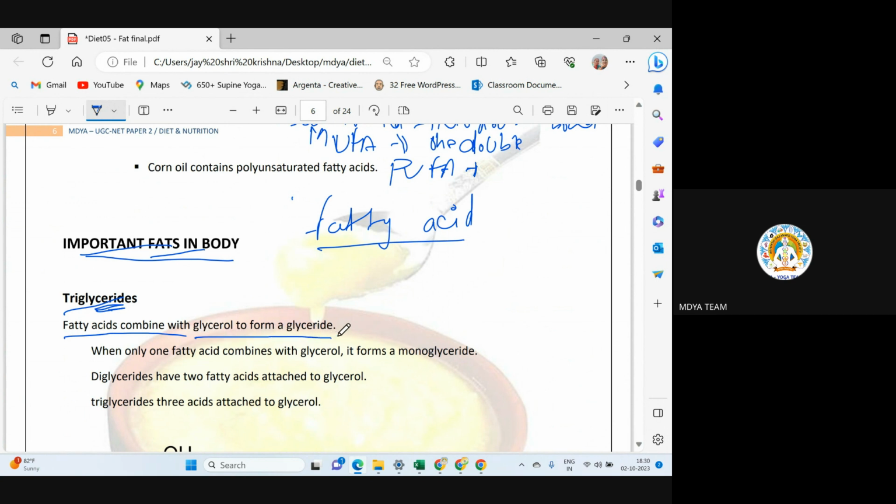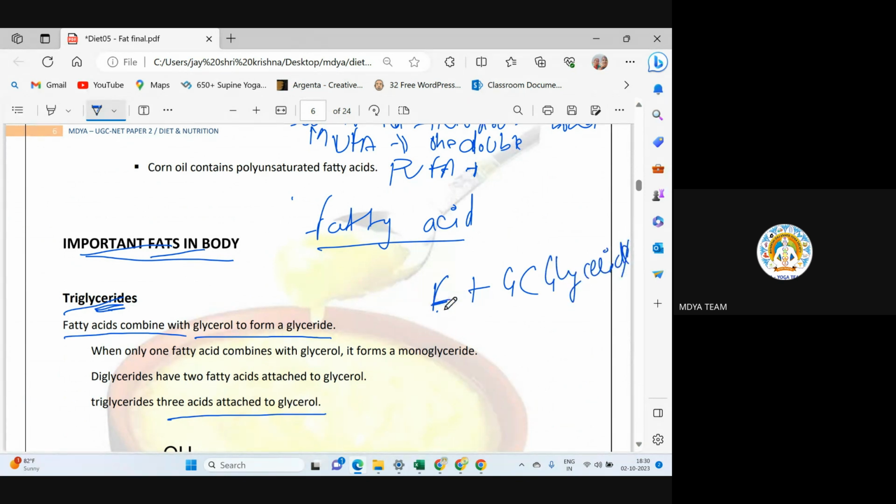In this triglyceride, three fatty acids are attached to one molecule of glycerol. That's why we call this triglycerides. I will explain this. If a fatty acid combines with glycerol, I am denoting the fatty acid with F and glycerol with G. If one fatty acid combines with one glycerol, we call this glyceride.